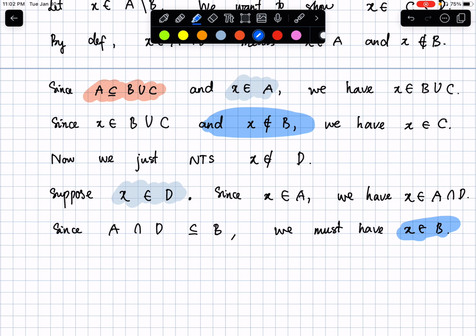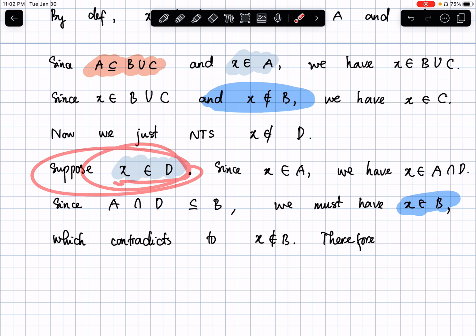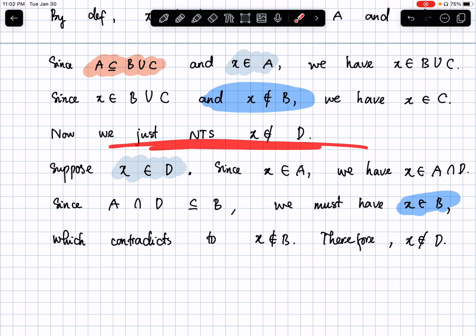So our assumption here, what we supposed, is wrong, which contradicts the fact that x is not in B. And therefore, our assumption is wrong. Therefore, x not in D. And x not in D is exactly what we need to show.